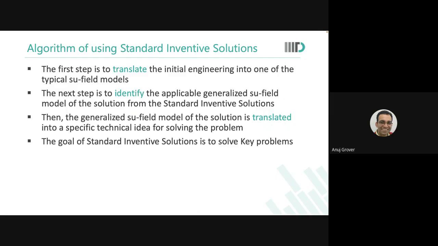Now you need to see how to bring that, say, additive substance or intermediary substance, whatever was required, into the system. Okay, and that is where your standard inventive solution becomes the fastest way to arrive at answers. A very high level, very, very fast way.